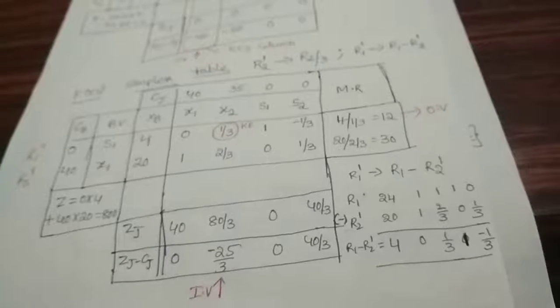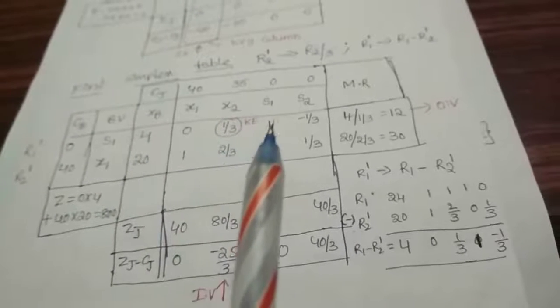Now apply the row operation r1 minus r2 dash: 24 minus 20 equal to 4, 1 minus 1 equal to 0, 1 minus 2 by 3 equal to 1 by 3, 1 minus 0 equal to 1, 0 minus 1 by 3 equal to minus 1 by 3. That means 4 0 1 by 3 1 minus 1 by 3.